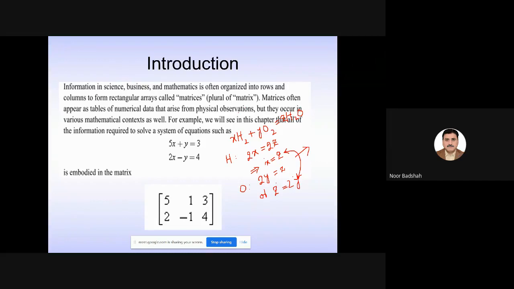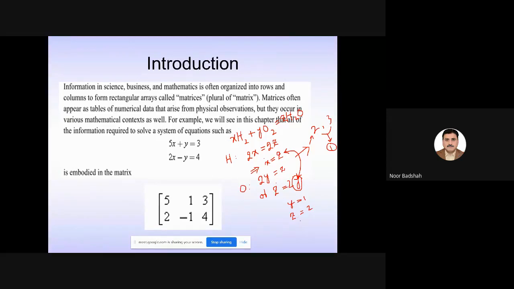So now we have two equations, but three variables. The difference is 3 minus 2, which is 1. So there will be one free variable, and that could be any one. We assume that y is a free variable, and you can give any value to y here. Let's suppose y is equal to 1. If y is 1, what about z? z will be 2, because z is equal to 2y.